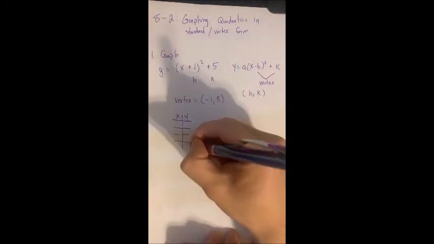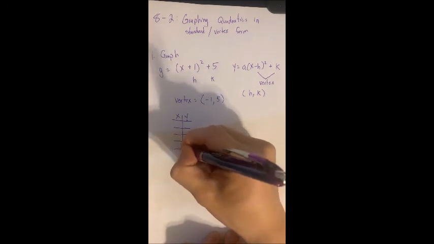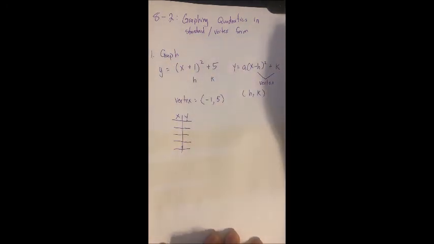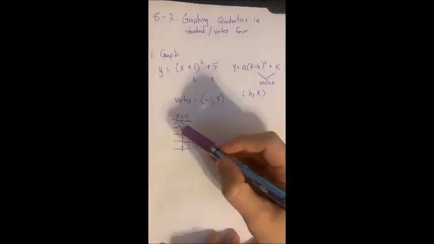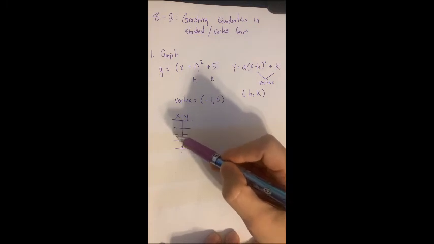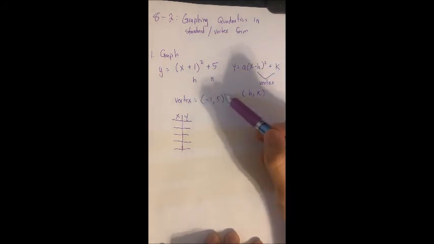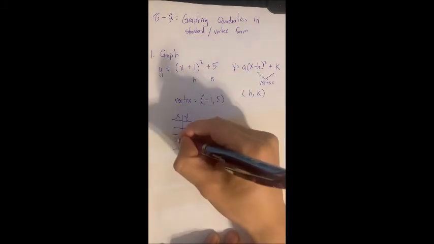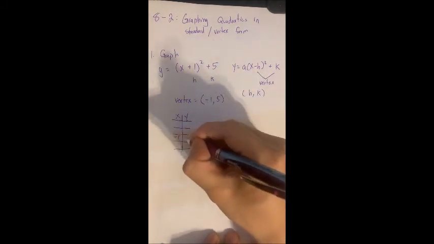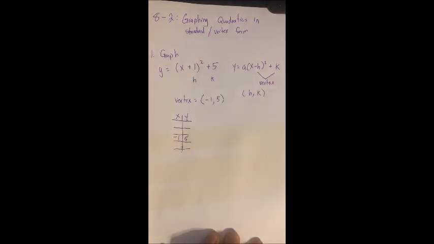In 8-1 we started with -2, -1, 0, 1, and 2. In 8-2, we have the vertex, and this is the middle point. So our x coordinate is -1, our y coordinate is 5. In the middle here, I'm going to put -1 and 5. That is the middle of our parabola.